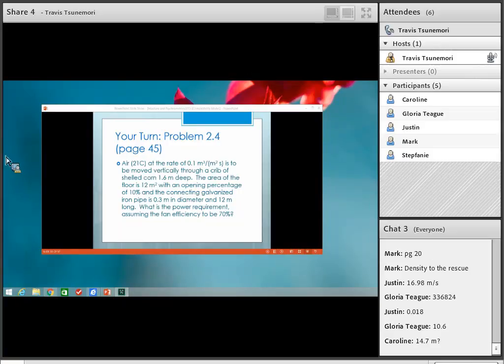Let me know when you have a value for the friction loss through the floor. You can kind of check yourself too, because it's likely going to be smaller than the friction loss due to expansion, the 14.7. If it's not, you've probably done something wrong.